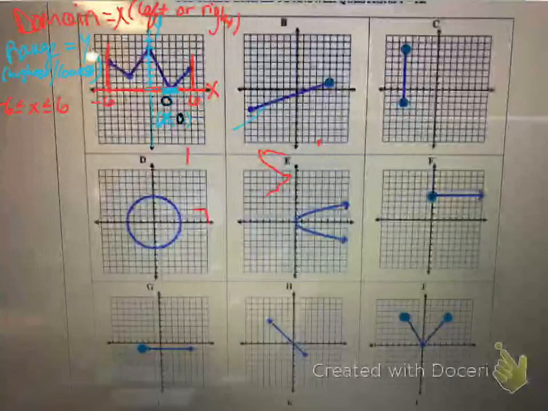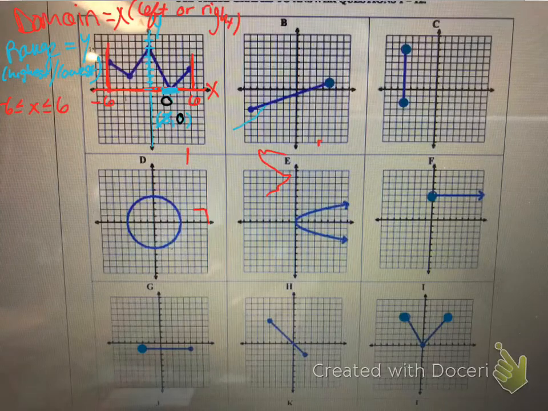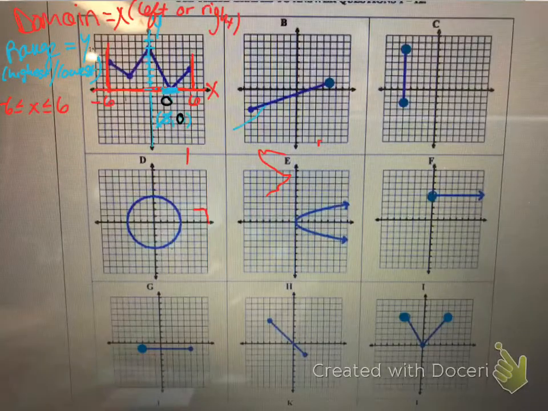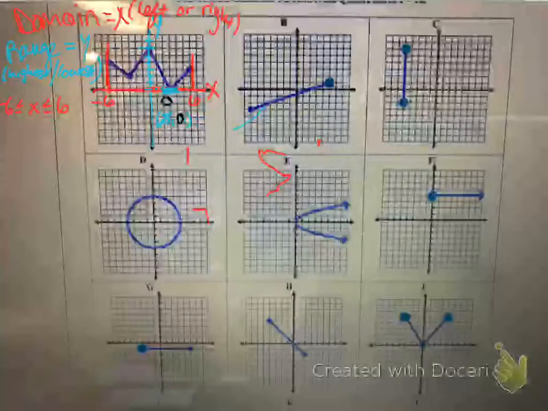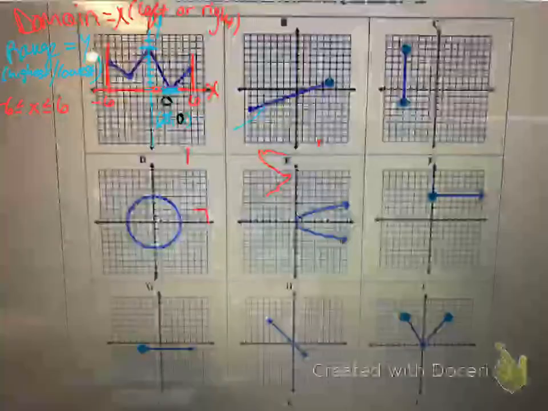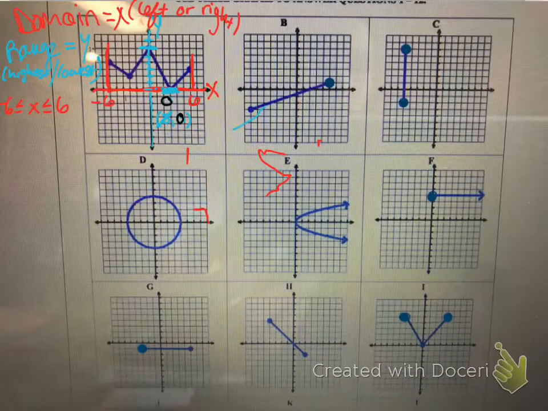So y is 0, and then I want to look at the highest value. My highest point is all the way up here. Again, I want to look at the y value. So count up your y values. 1, 2, 3, 4, 5, 6.